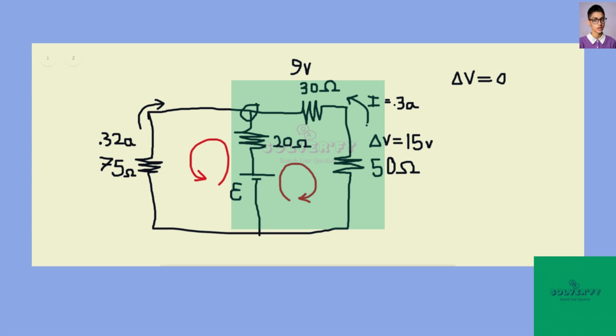And then we have this 0.3 amps going around there. They're going to combine here, and we have 0.62 amps coming down the 20 ohm resistor. So they're going to combine to make this current going through the 20 ohm resistor.